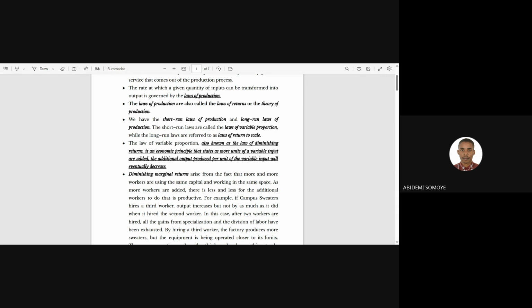What do you think would eventually happen? What will eventually happen is that the output you will get from the additional workers you employ will diminish. Diminish simply means there will be times where the additional people you have employed wouldn't have anything to do. Why? Because capital is fixed.